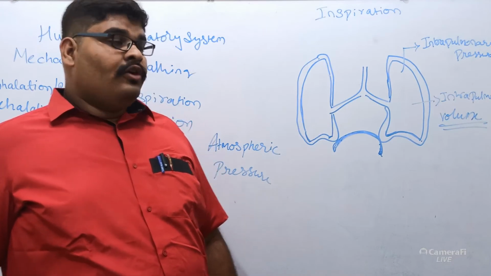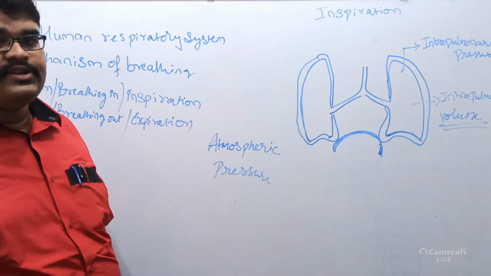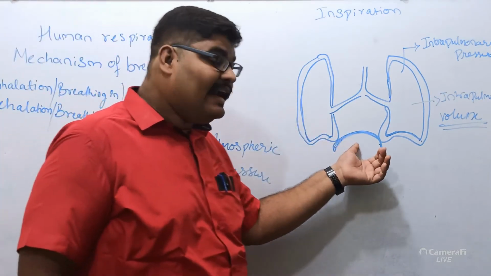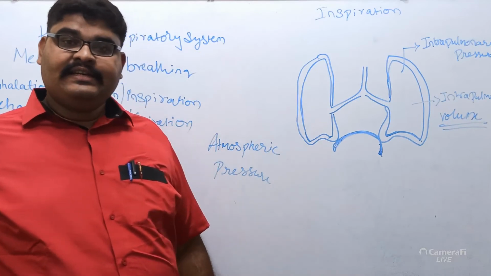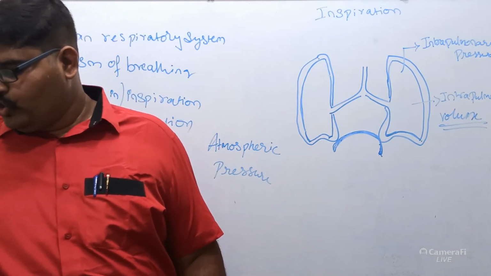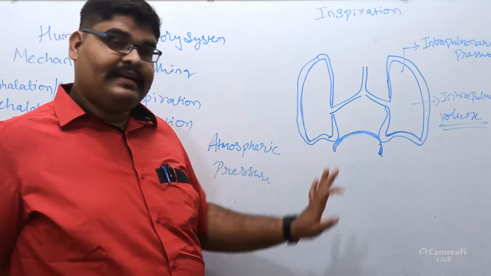During inhalation, what happens? The intercostal muscles, which I have shown in the last diagram, and the diaphragm contract. That is the downward movement of the diaphragm.